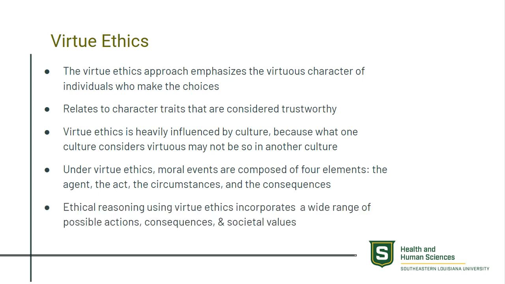Ethical reasoning using virtue ethics tries to incorporate a wide range of possible actions, consequences and societal values when coming up with a decision about, okay, should we do this? Is this right? Is this wrong? It does it in a really great way.